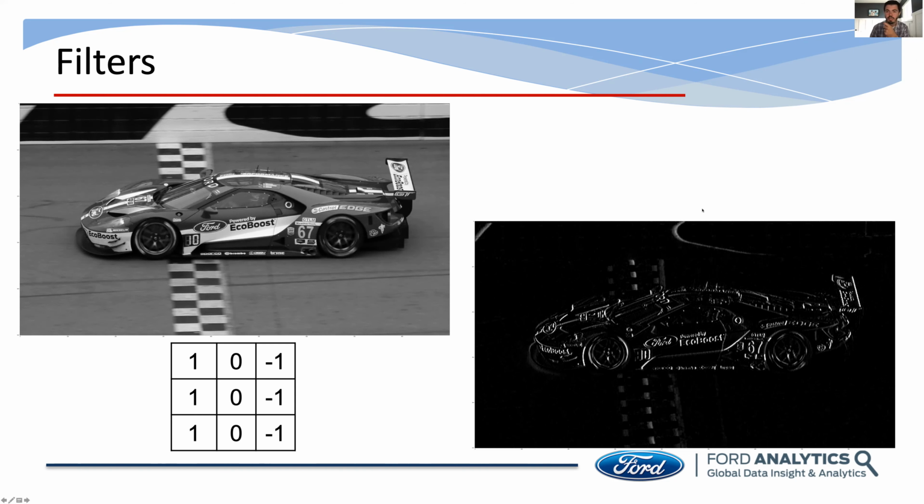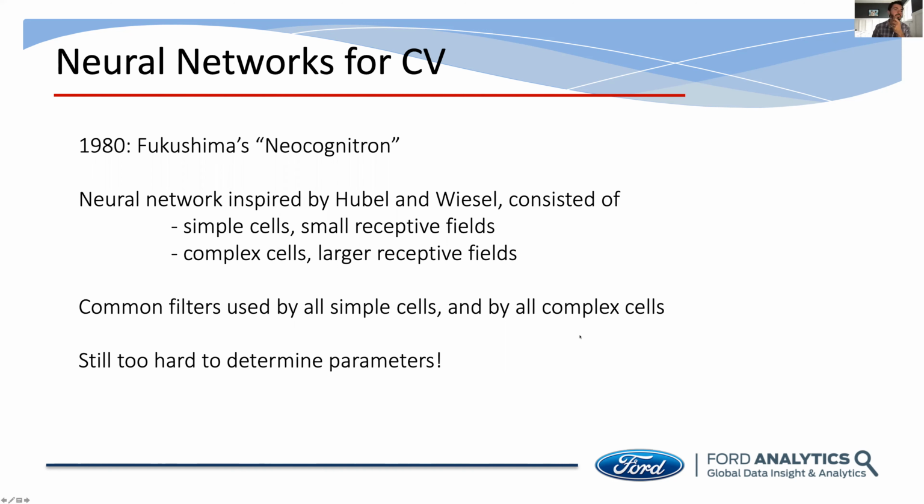So really the first person to put those ideas together is, fast forwarding all the way to 1980 now, a computer scientist, Fukushima, who built what he called a neocognitron network. It was a similar idea to the neural network that Rosenblatt had built a couple decades earlier, but he specifically wanted to use this for vision, and so he assumed that the neurons in this network should behave like the neurons in the cat's brain.